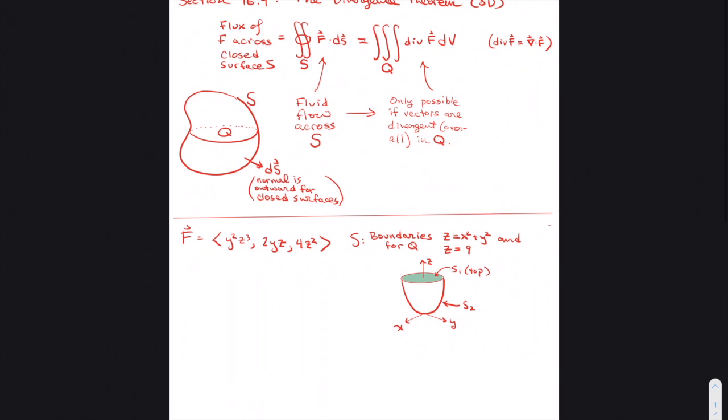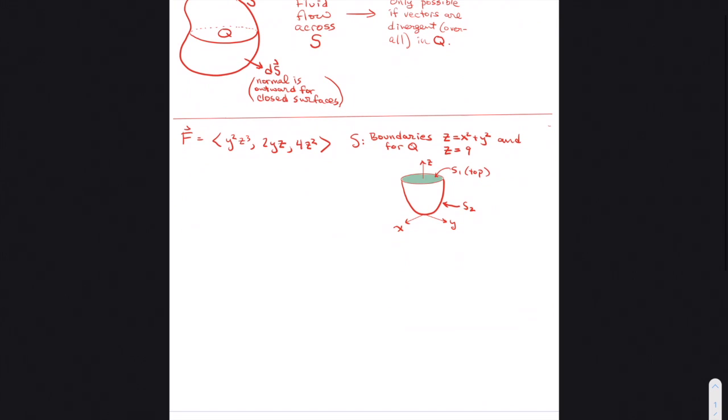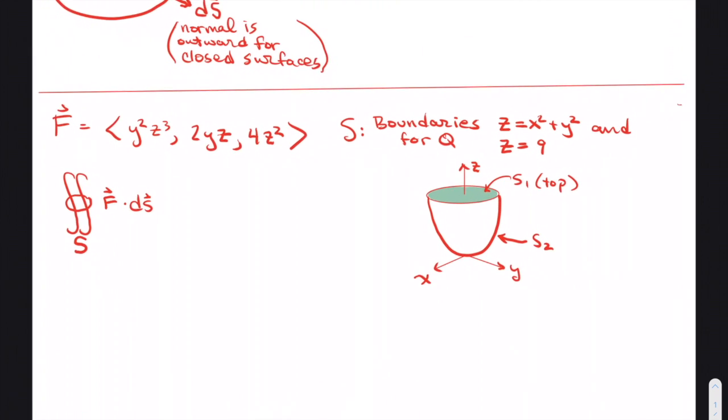I think we'll do the flux, which is going to be the hard part. So let's get this part of the divergence theorem, the left side, and paste that in down here. We're going to need to break this into two integrals.